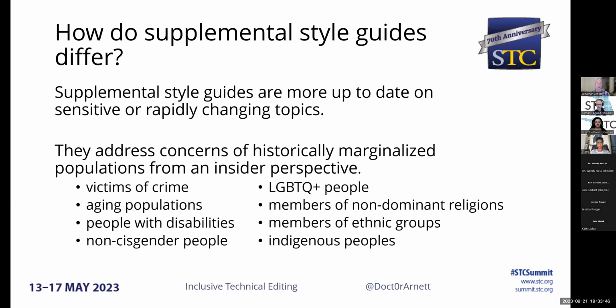All of these are, frankly, poorly treated many times in our culture and our language. So when we start talking about how to treat people well, we can go to these supplemental style guides and get some ideas.